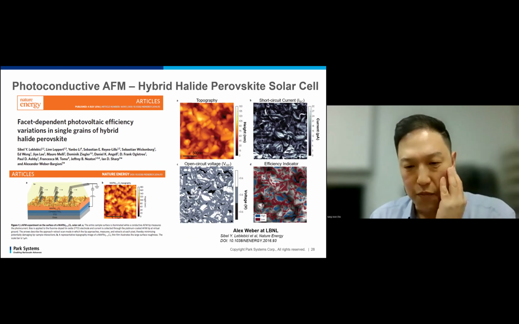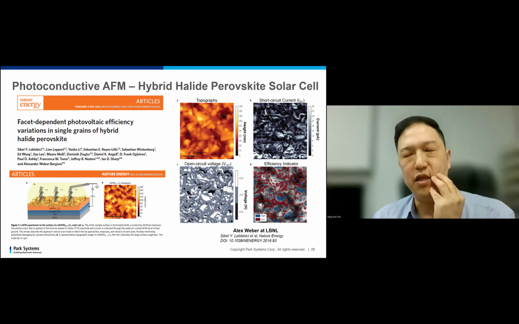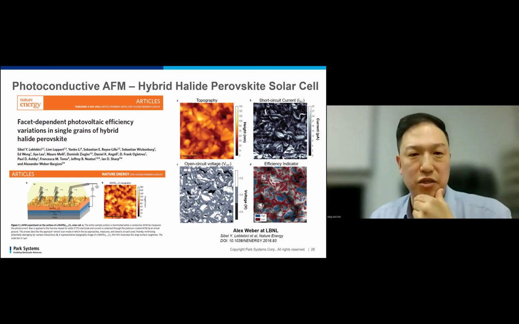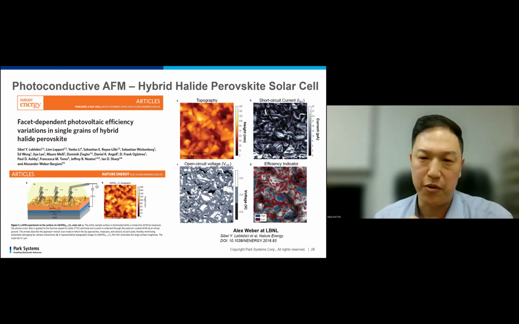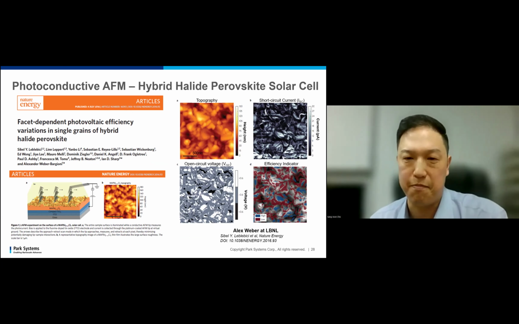This is one example from the Lawrence Berkeley National Lab, when they researched perovskite, which is famous for solar cell materials. At the time, they had all kinds of AFM, but they couldn't make this measurement.